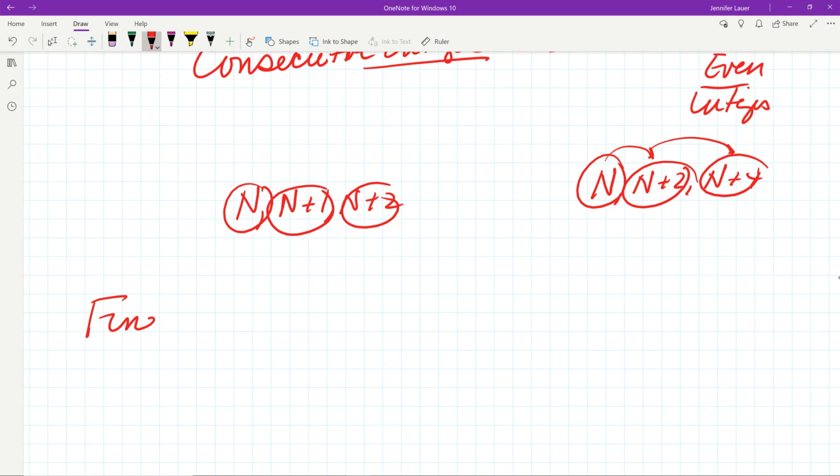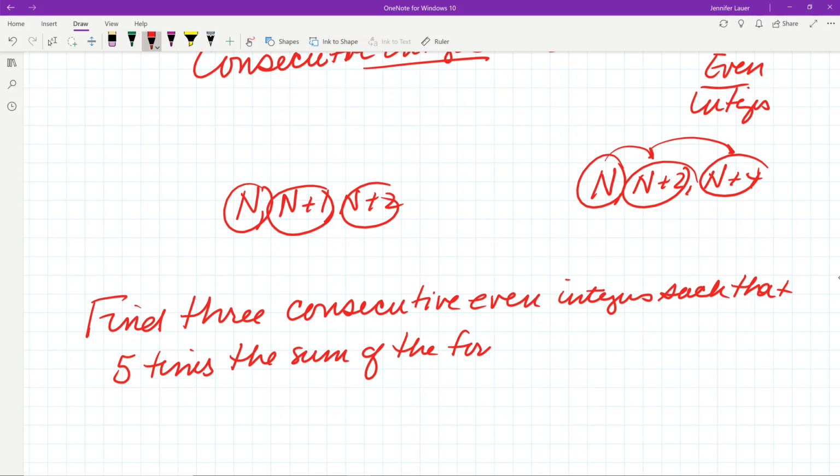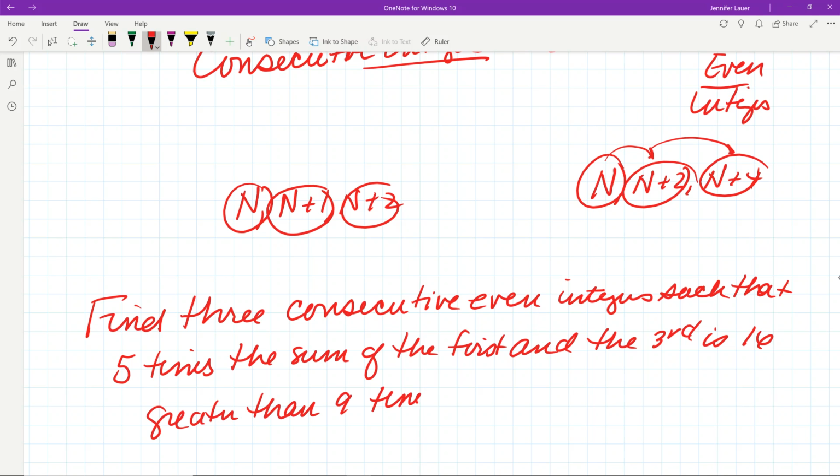It says find 3 consecutive even integers such that 5 times the sum of the first and the third is 16 greater than 9 times the second.